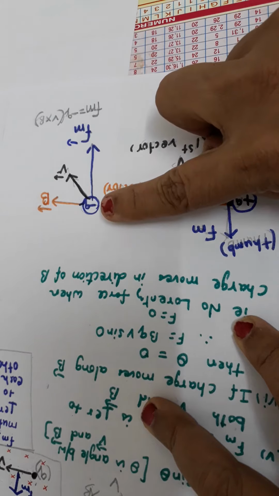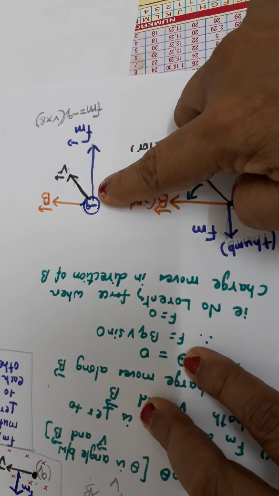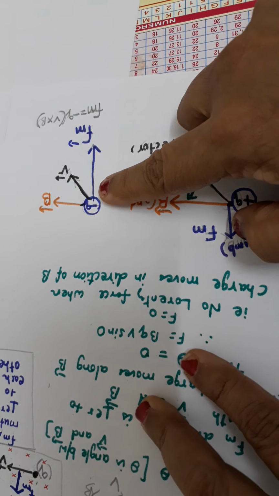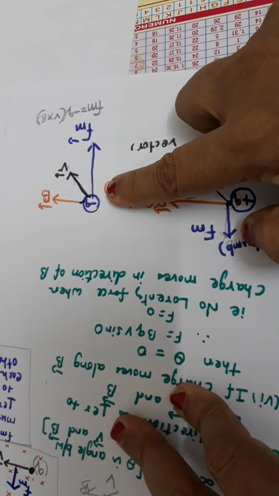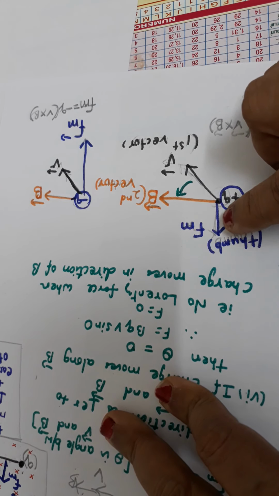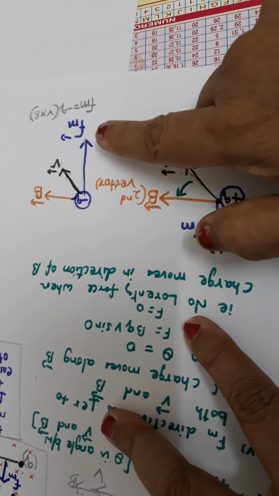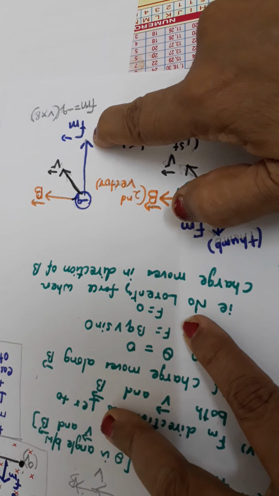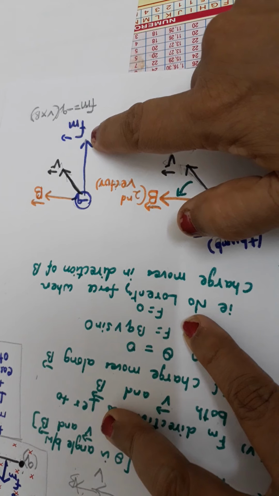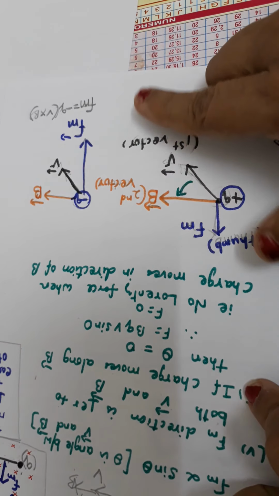And here, this is a positive charge and here it is a negative charge. For the negative charge, how to find the direction: however you get the force Fm for the positive charge, the Lorentz force for the negative charge will be in the opposite direction of this case.